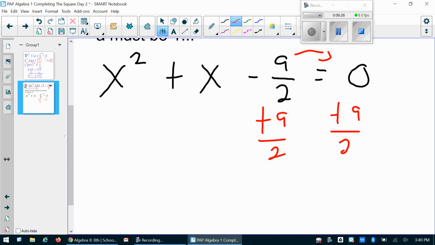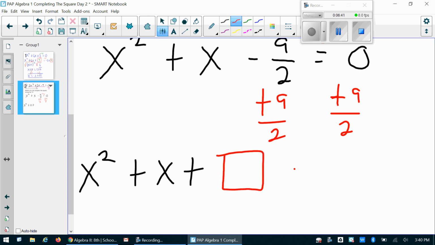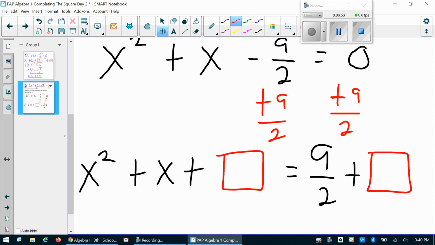I'm going to do this, and then I'm also going to draw my boxes. So what I'm going to get is x squared plus x plus the box equals positive 9 halves plus the red box.